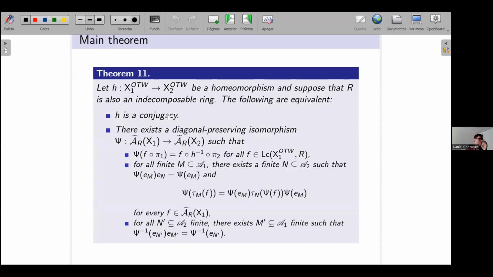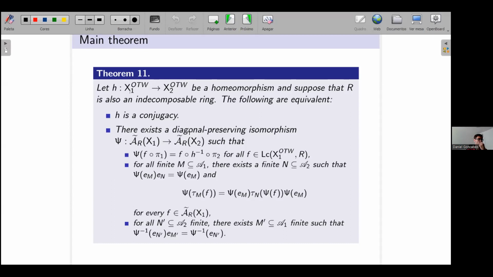The thing is, if it's a conjugacy, right? Can you have a conjugacy, because the U hat spaces are bigger than the OTW spaces? Yes. And this theorem is formulated in terms of a conjugacy between the OTW spaces. But couldn't there be a conjugacy between the U hat spaces?